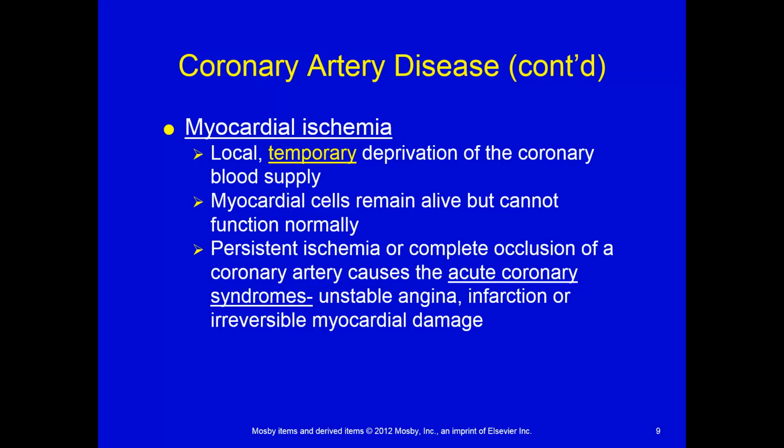We're going to talk about each one of these specifically as the morning goes on. But again, it's this myocardial ischemia because of the blockage in the coronary arteries that causes acute coronary syndrome, ACS. You'll hear that a lot. And I just wanted to give you those definitions from the beginning here.